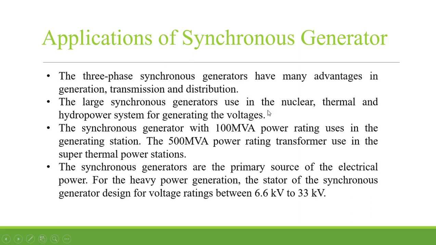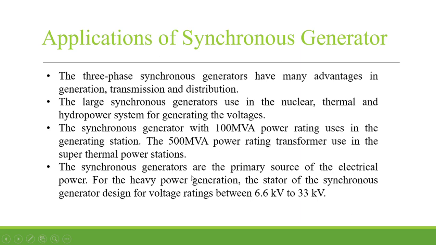And we can use different power ratings. If the synchronous generator is of 100 MVA, we use it in generating stations. If the rating is 500 MVA, then it is used in super thermal power stations. You might have heard about the super thermal power stations of NTPC and others.